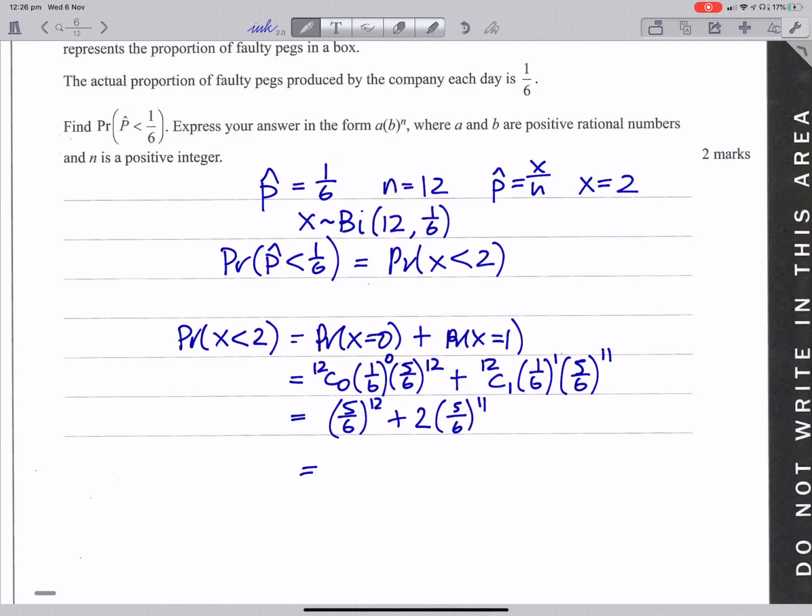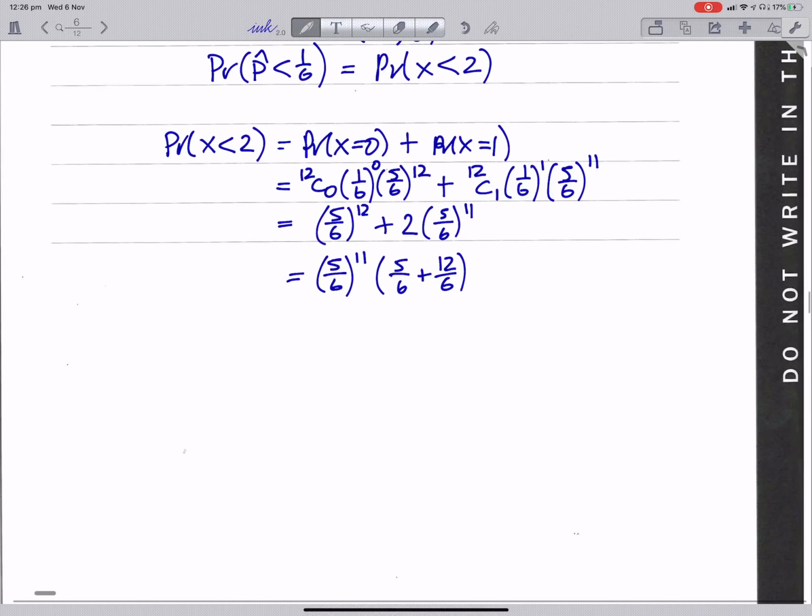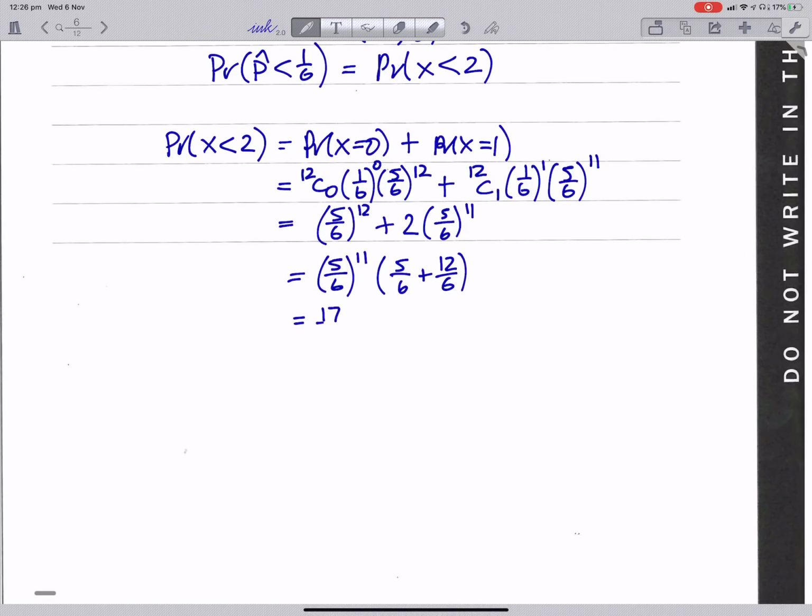Okay, so we can take out 5 on 6 to the power of 11, sorry. So we're left with 5 on 6 plus 12 on 6, which is 17 on 6.